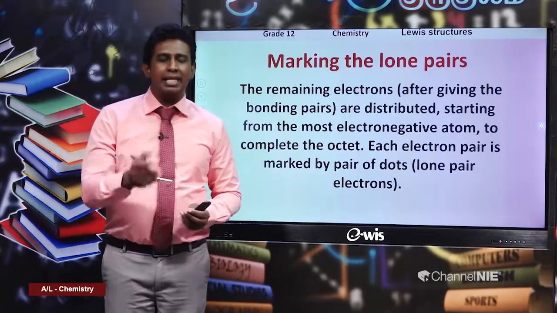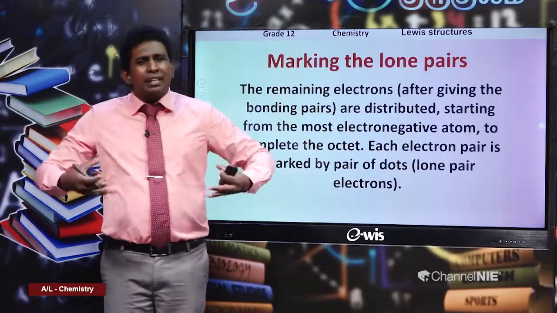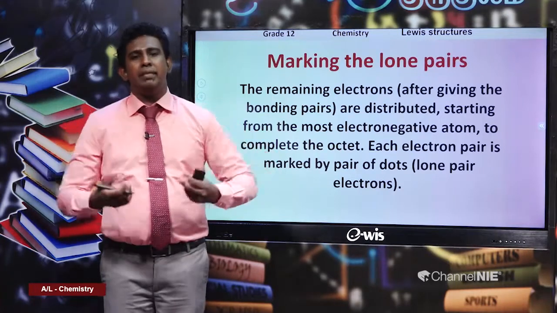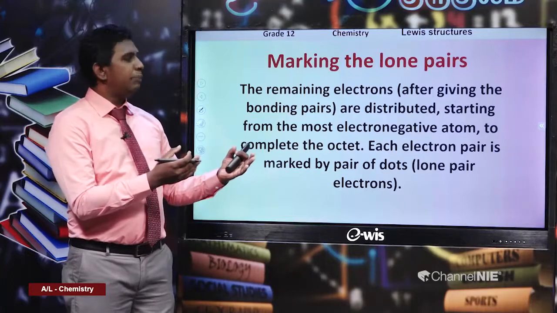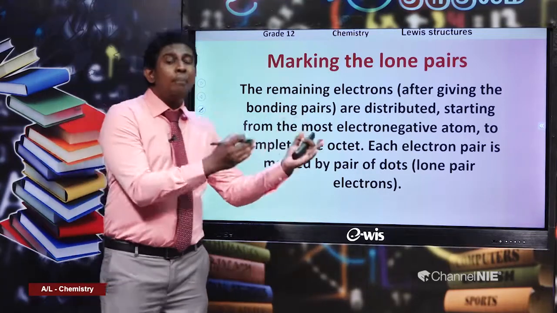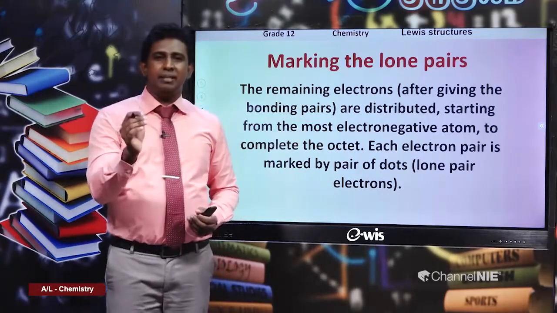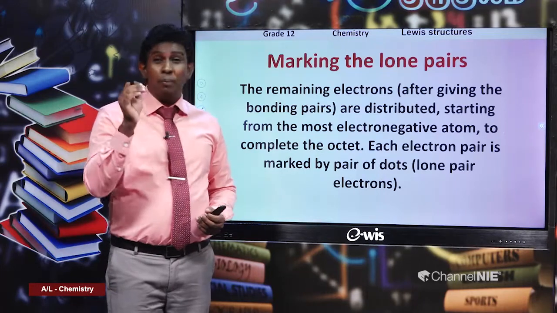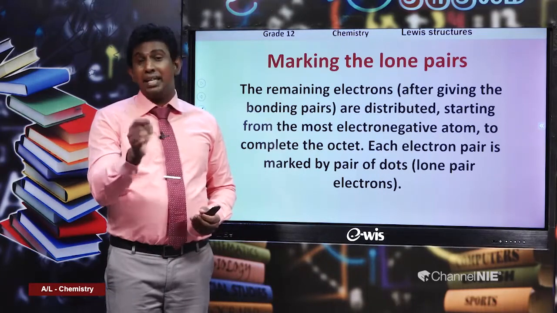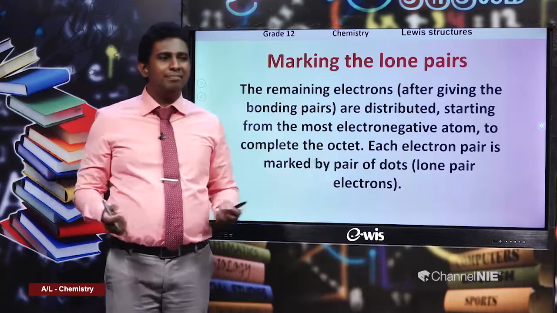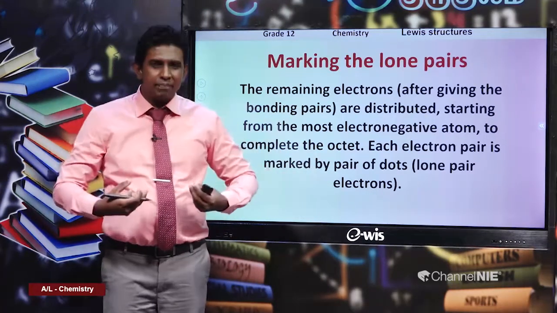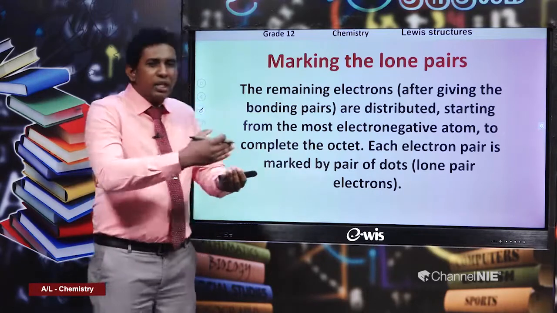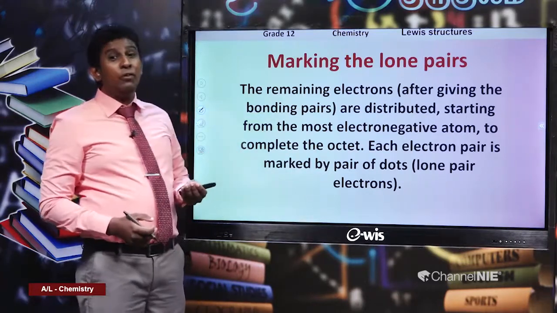Out of those atoms, the atom with greatest electronegativity deserves the next keeping of those pairs as lone pairs. You first keep those lone pairs of electrons that you have remaining on such atoms. The most electronegative atom first, then in the decreasing order of their electronegativity, if you have further remaining.